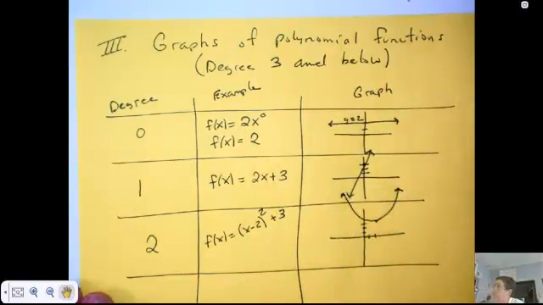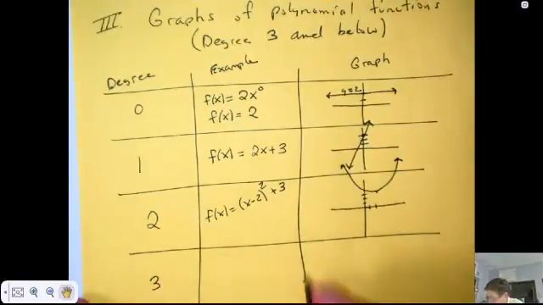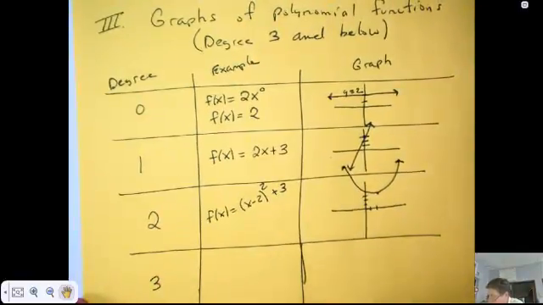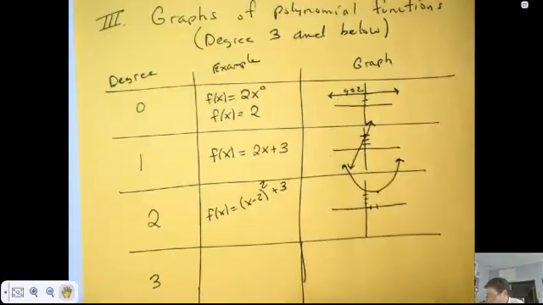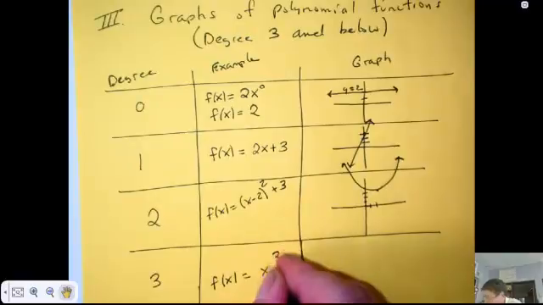And we introduced you to degree 3, although not a lot of details yet on this one. But of course the basic graph is just x cubed, and we know that.